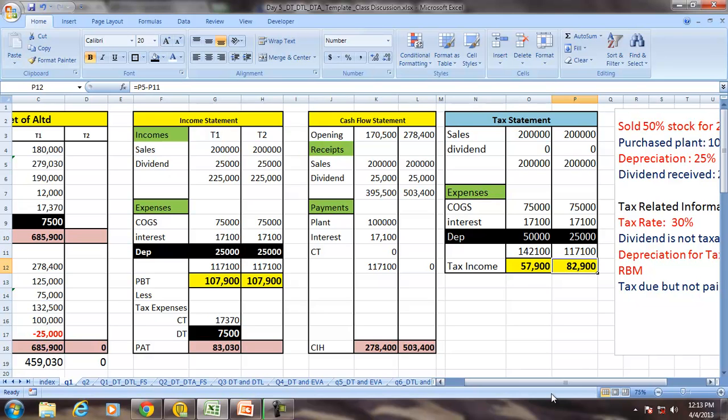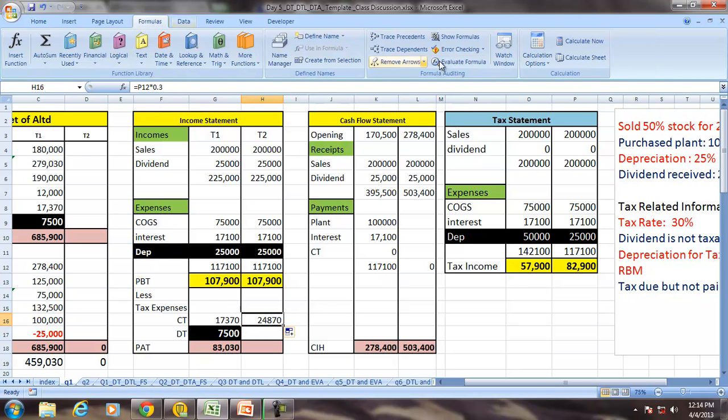So the taxable income is 82,900. So the current tax will be the tax on 82,900, and the deferred tax will be 0 because there is no timing difference. Depreciation in accounting is the same as depreciation in taxation.